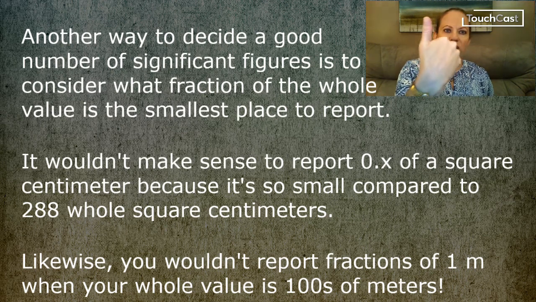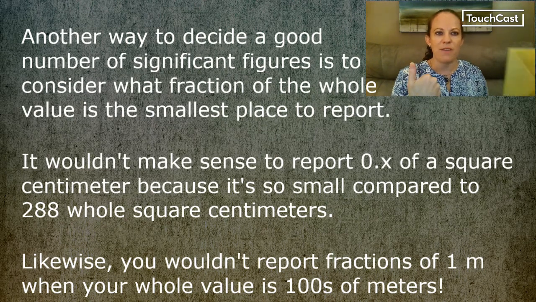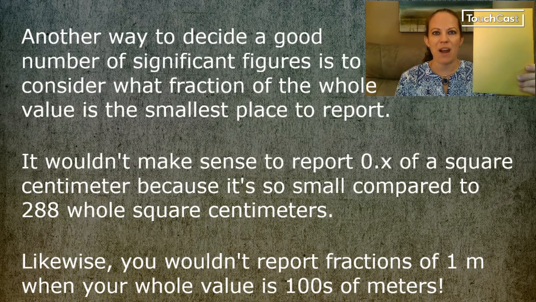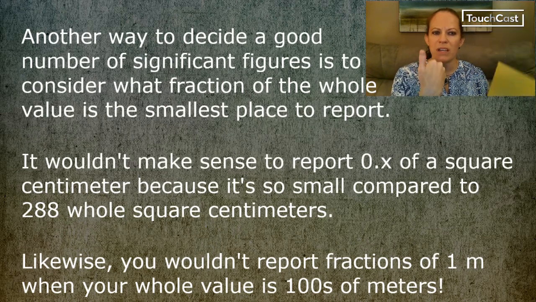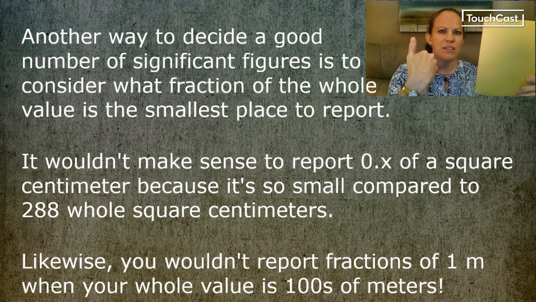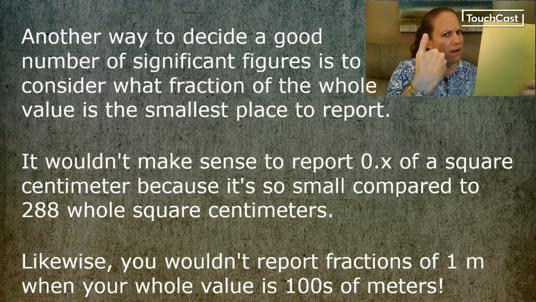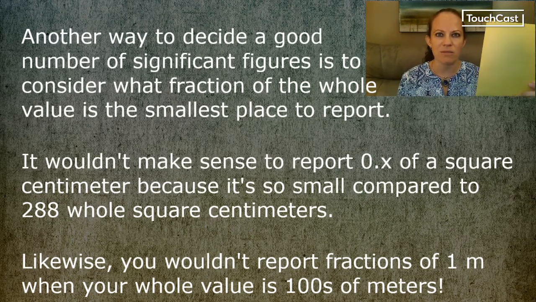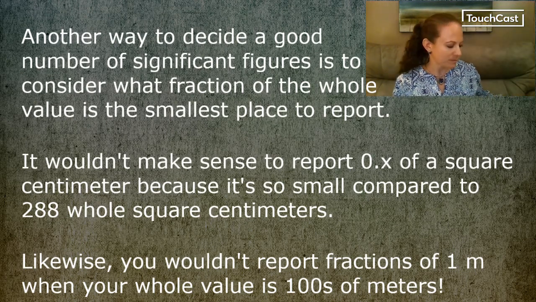So 1 square centimeter is about the size of my thumbnail, and we're going to compare that to the 288 square centimeters for our envelope. Would it really make sense to compare 0 point something of something the size of my thumbnail when we're talking about 288 square centimeters? It actually wouldn't.